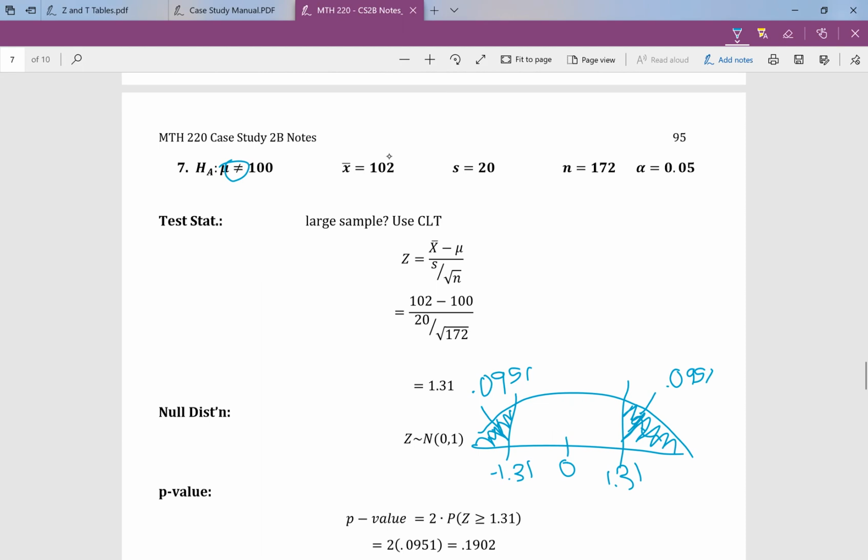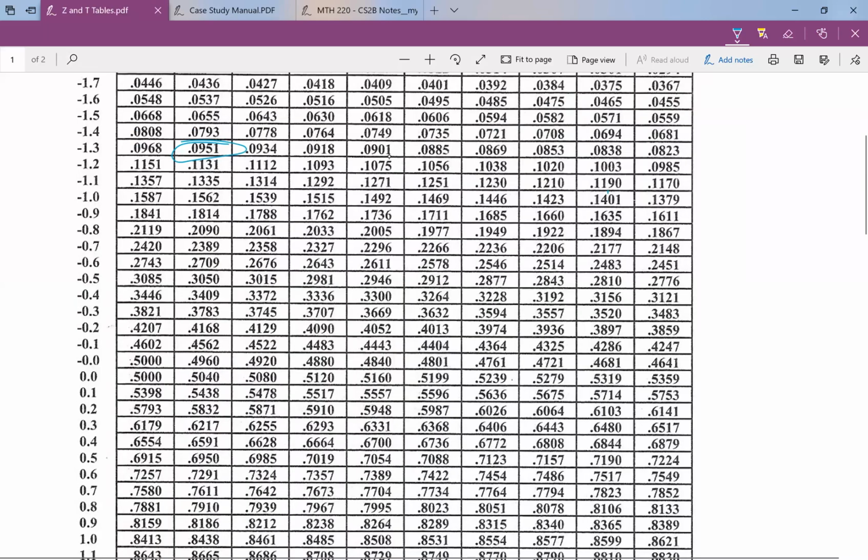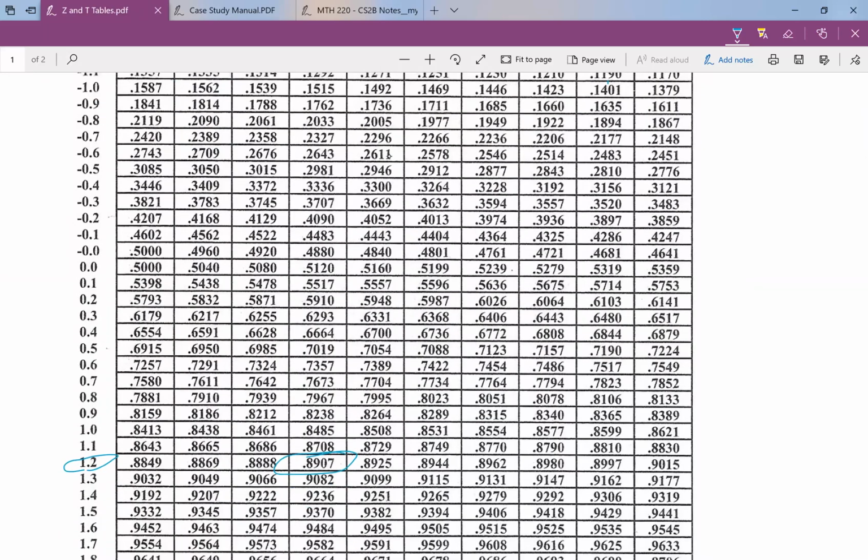Okay, so just to show you that even if we got the upper tail, it would still be 0.0951. We can go to positive 1.31. Okay, but remember, this is giving us the area to the left.